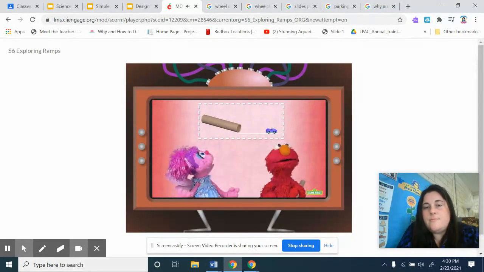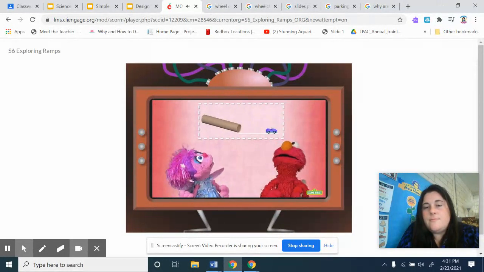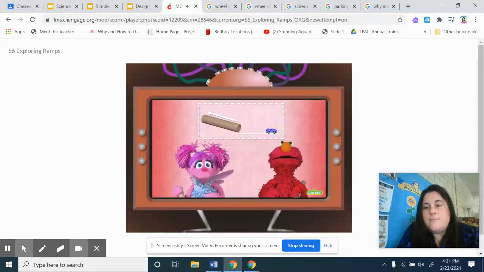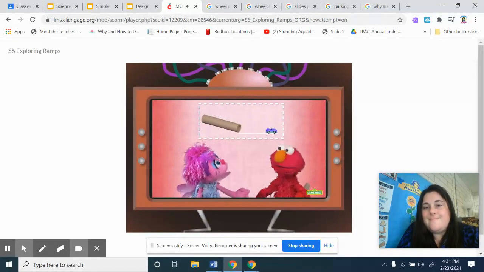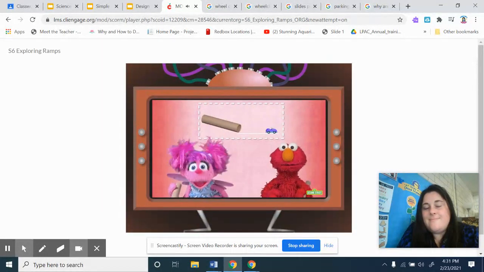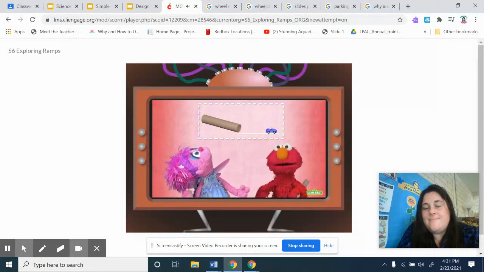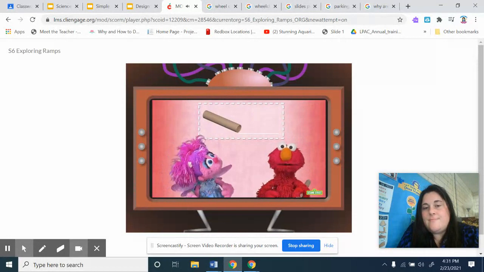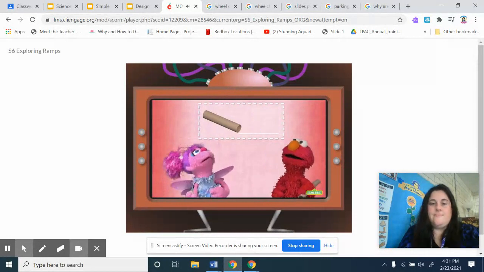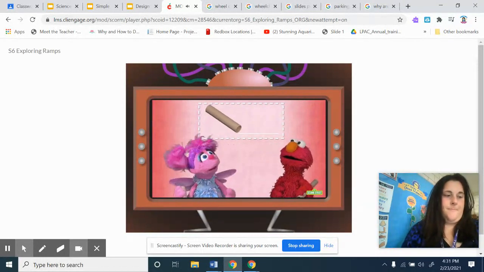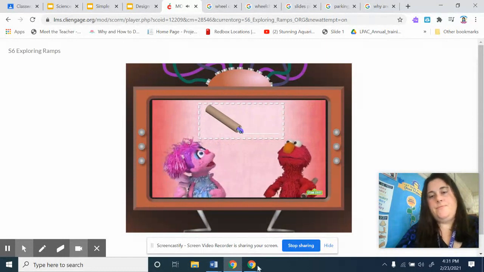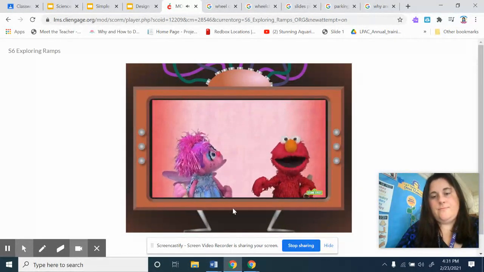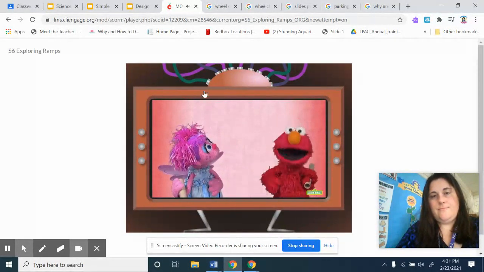A ramp is a tool that helps something go from high to low or from low to high. Hey, you could try this too. What happens when you lift one end higher? Does the car go further? Just don't lift it too high or the car might get stuck. Try to make your own cardboard tube ramp and see what happens.